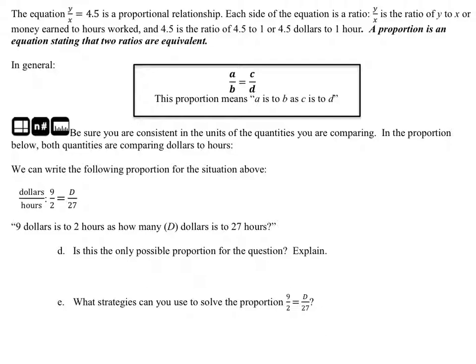Each side of the equation is a ratio, y over x. So y to x is the ratio of money earned to hours worked. And 4.5 is the ratio of 4.5 to 1, or $4.50 to 1 hour. A proportion is an equation stating that two ratios are equivalent. So, for example, and I guess we looked at that later then, so we'll just look at that on the next part.